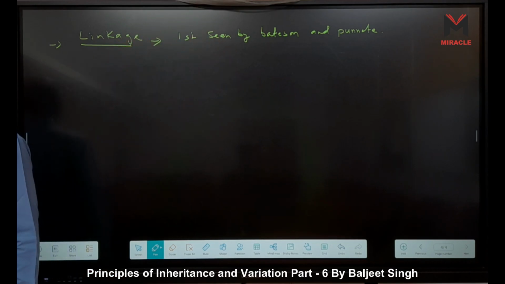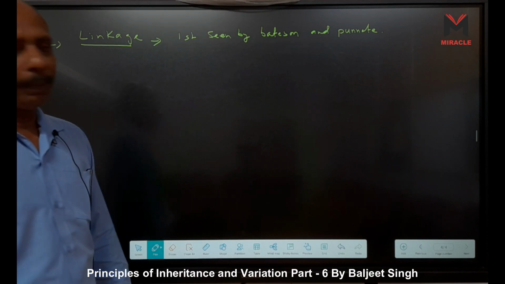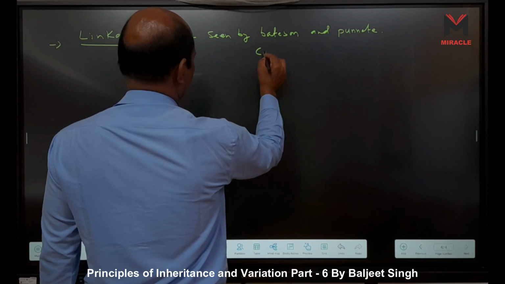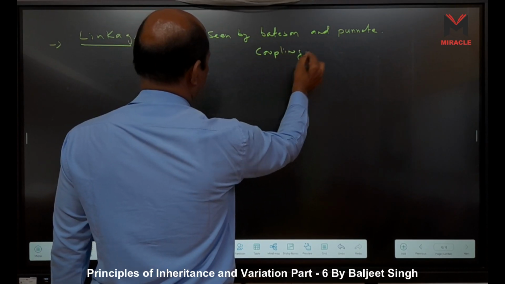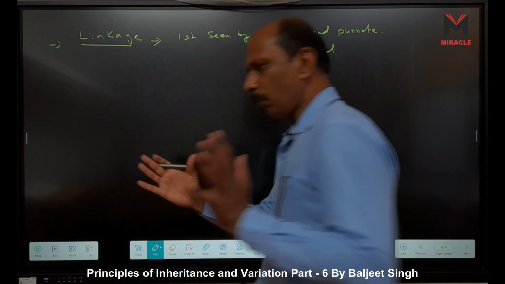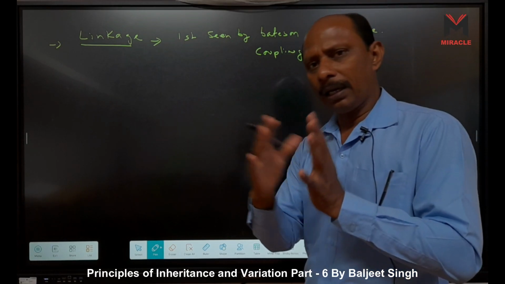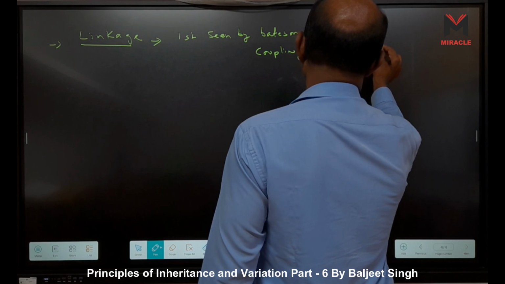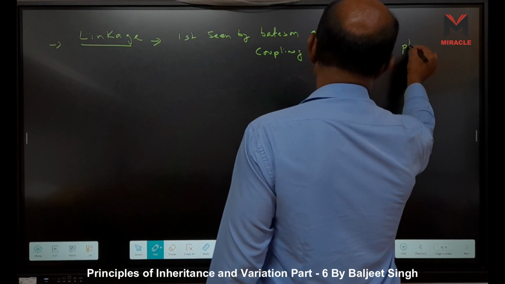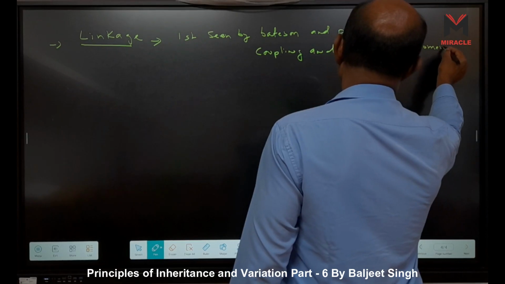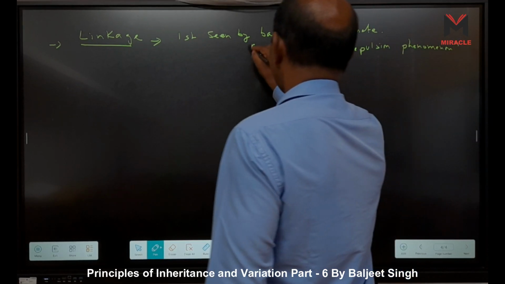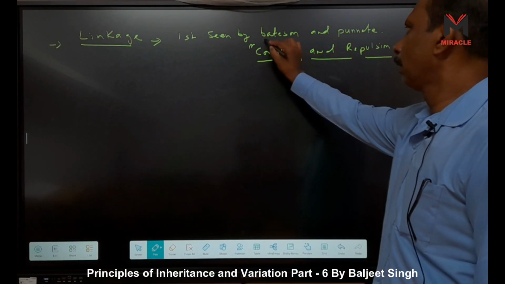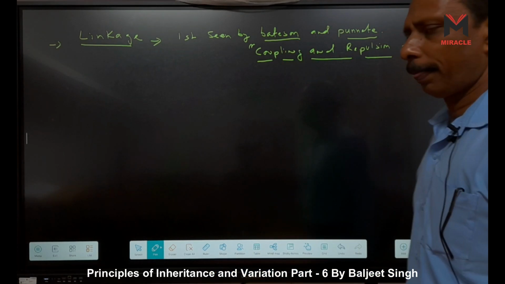They only gave the coupling and repulsion phenomenon. Coupling means how they become a pair, and repulsion means how they get segregated. So this coupling and repulsion phenomenon is given by Bateson and Punnett.